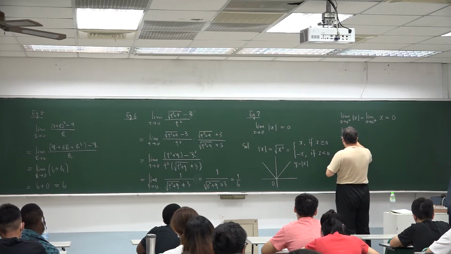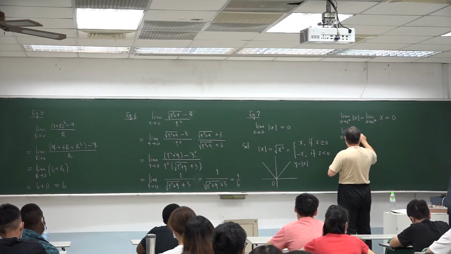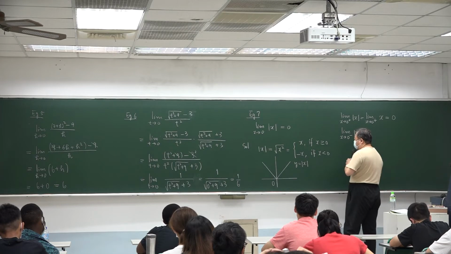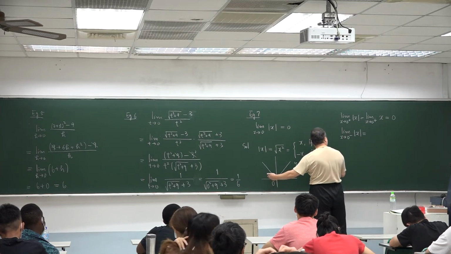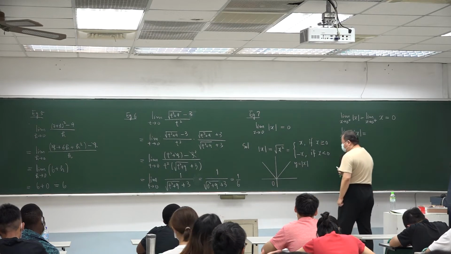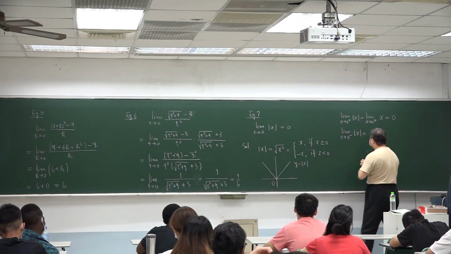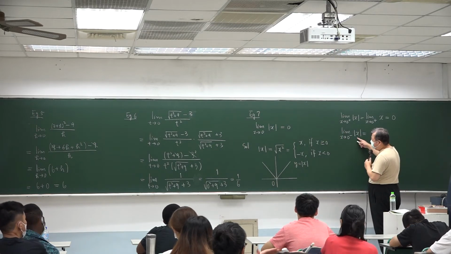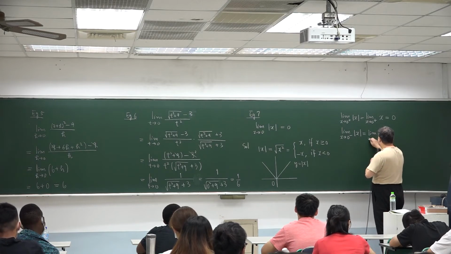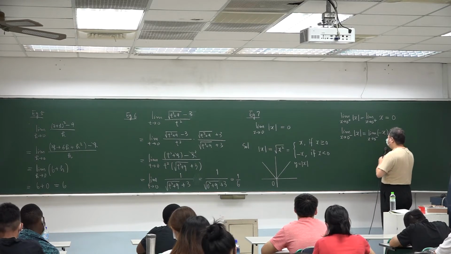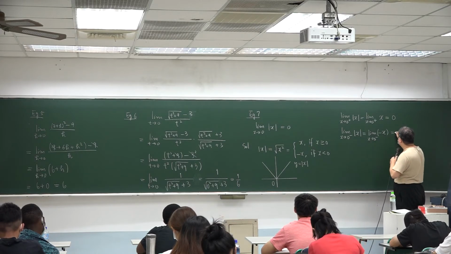When x approaches 0 from the left, x is less than 0. So the absolute value of x now is negative x. This is also a polynomial in x.